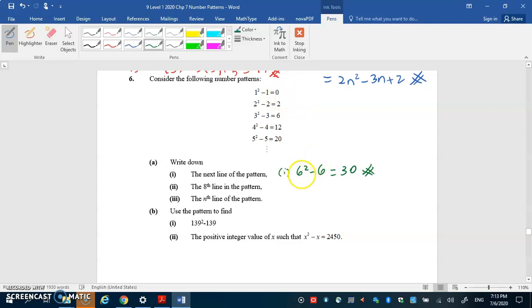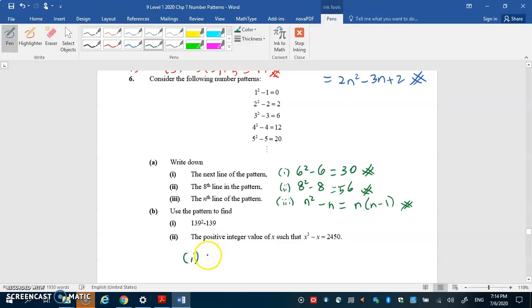So the sixth line will be 6 squared minus 6 equals 30. Hence the eighth line will be 8 squared minus 8 to give you 56. And the nth line will be n squared minus n. You can further factorize this to n times n minus 1 because n is a common factor.